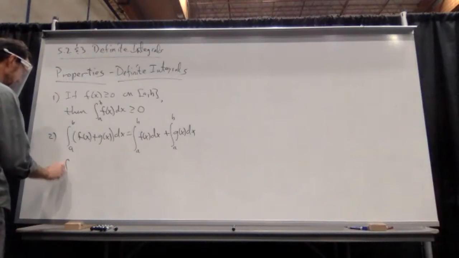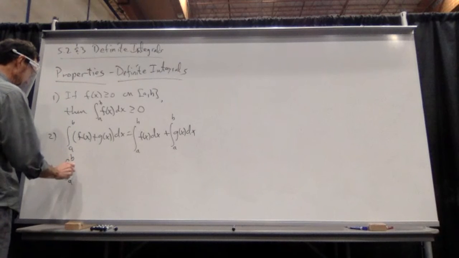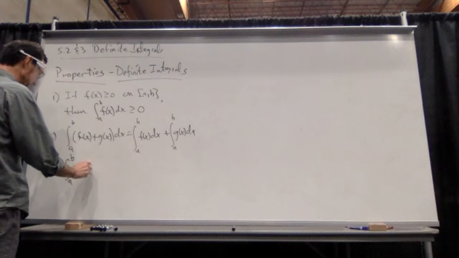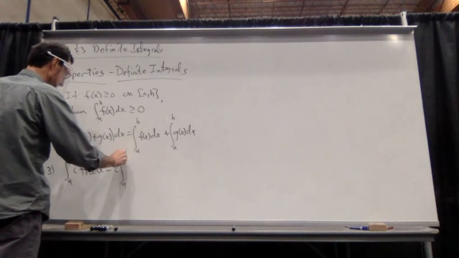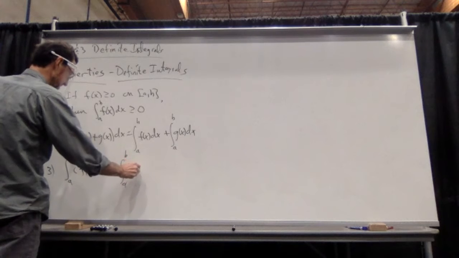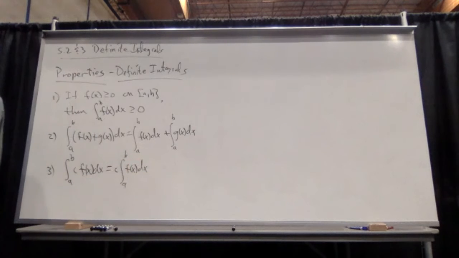And guess what? It works here. The integral from a to b of a constant times f of x is the constant times the integral. An integral is the limit of a sum.